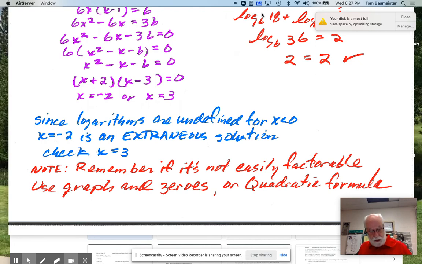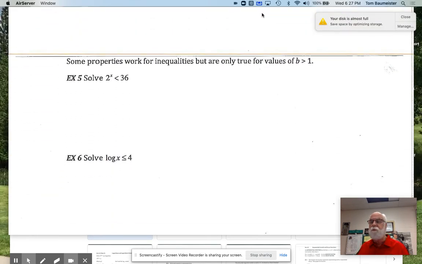Notice I did give you a lot of room here, so that's why it's 3 pages.